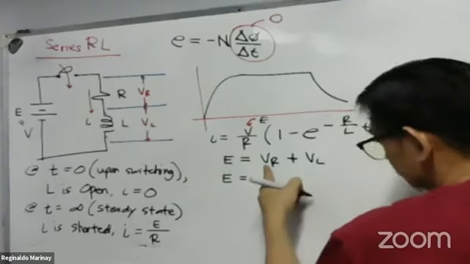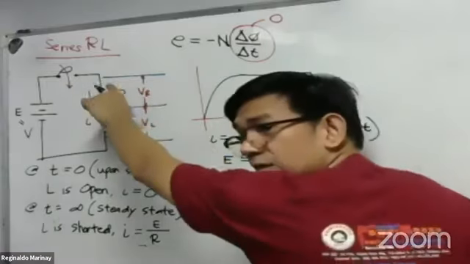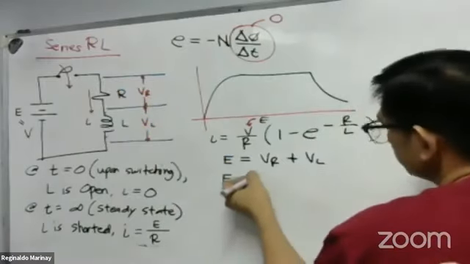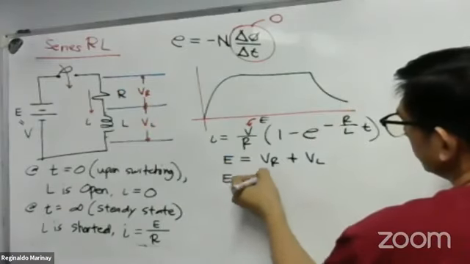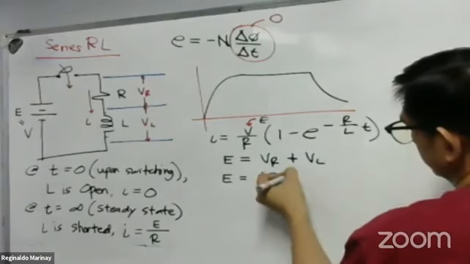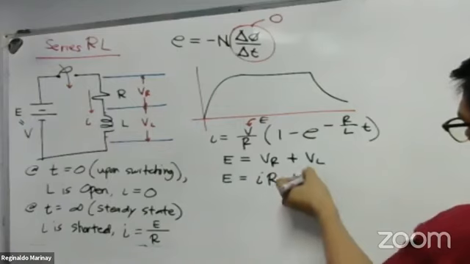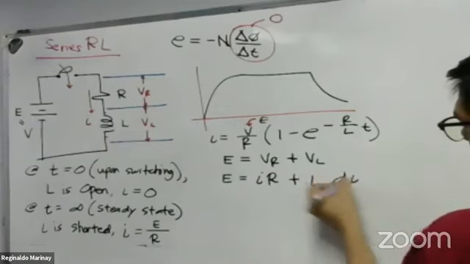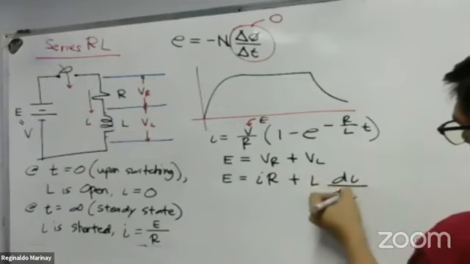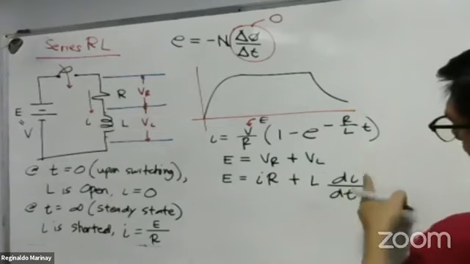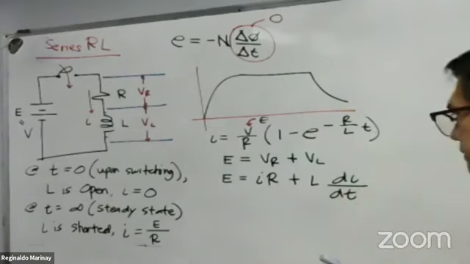What is VR equal to? The voltage across the resistor is simply I multiplied by R. Plus, what is our VL equal to? That is L, the derivative of current with respect to time, L di over dt.